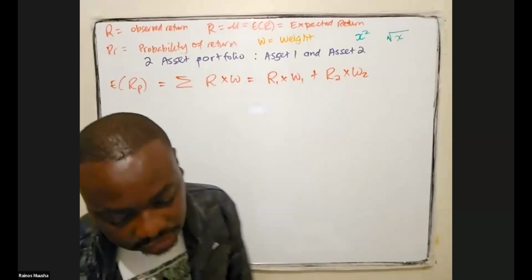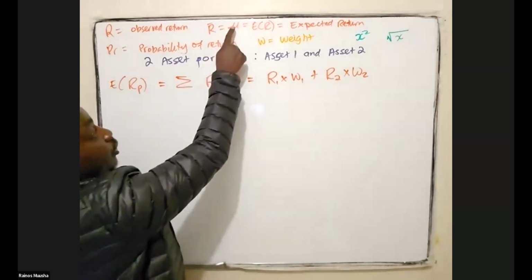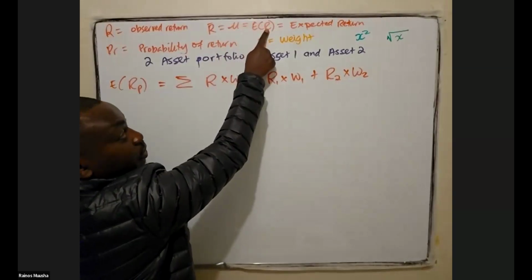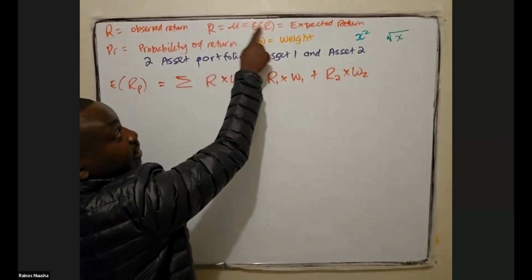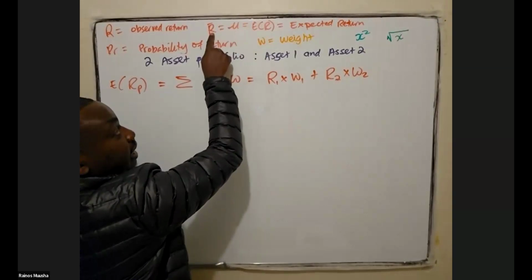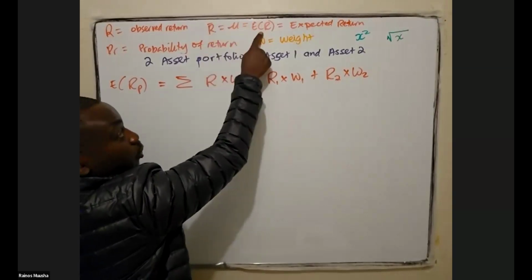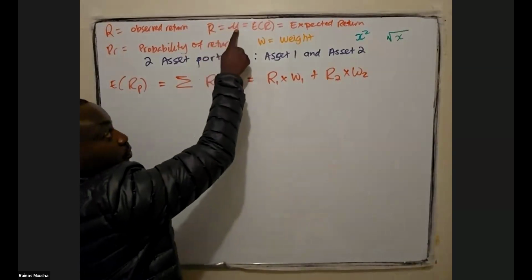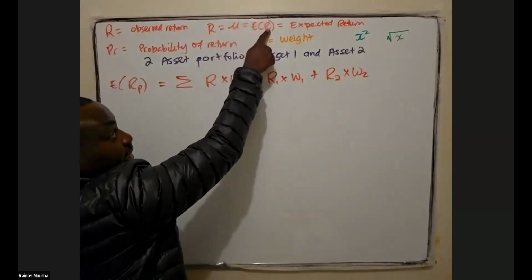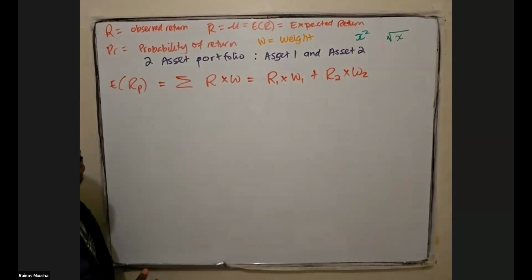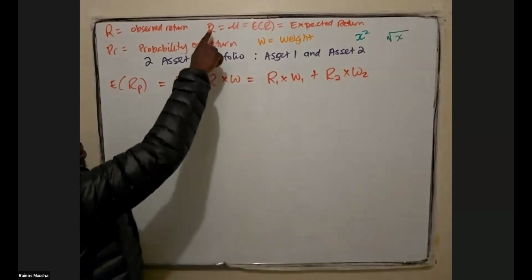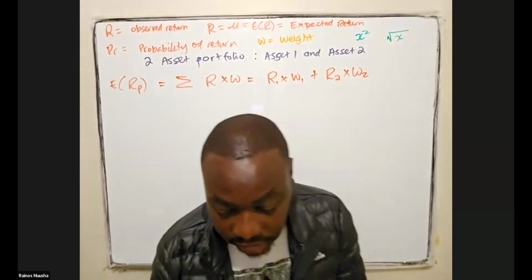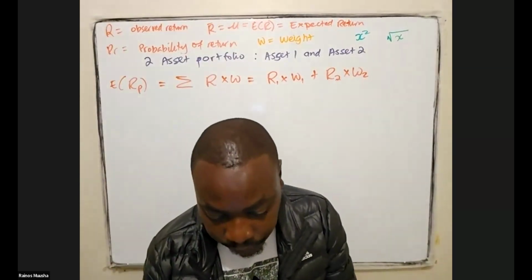Remember, we said mu is used to represent the expected return. Sometimes you're also given an arrow with a bar on top, which also represents the expected return. So if you see the notation mu, or an arrow with a bar on top, you should know that they're referring to an expected return.